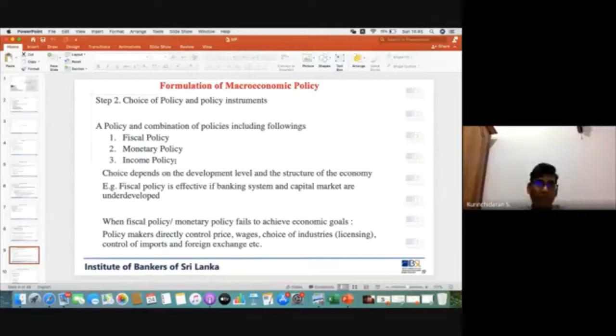So then you can most probably use fiscal policy. And assume both fiscal policy and monetary policy fail. So policymakers directly control prices, wages, choice of industries, controls of imports and foreign exchange. So that happens, right?